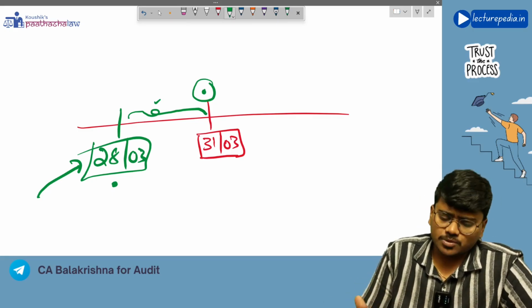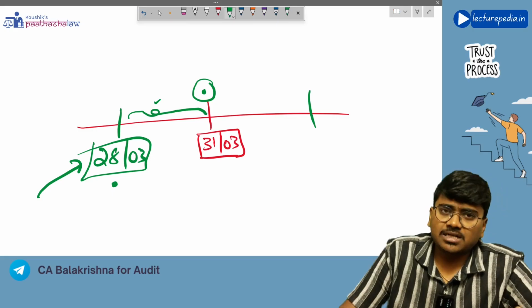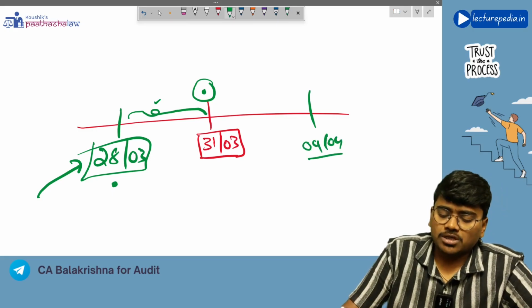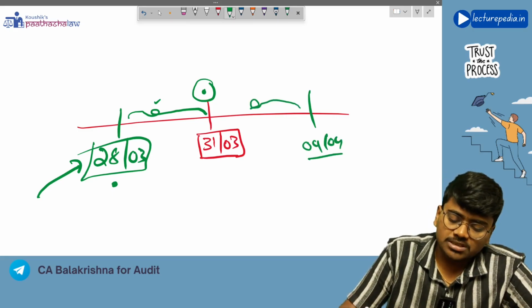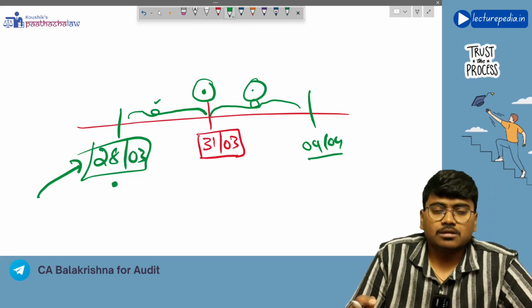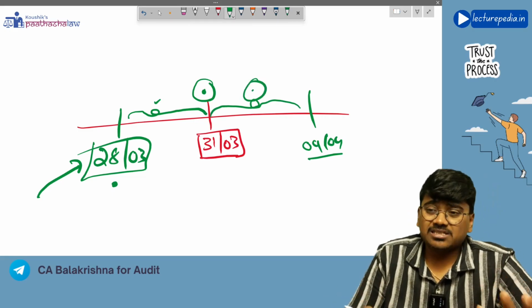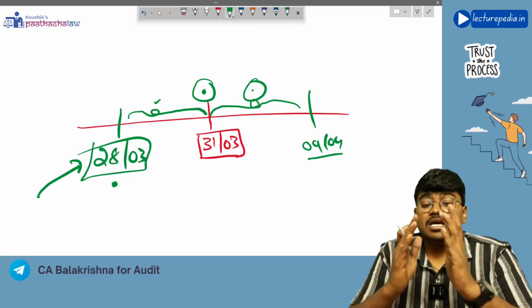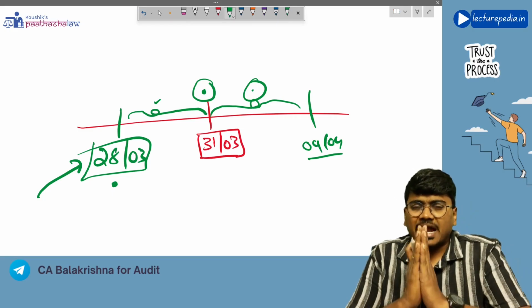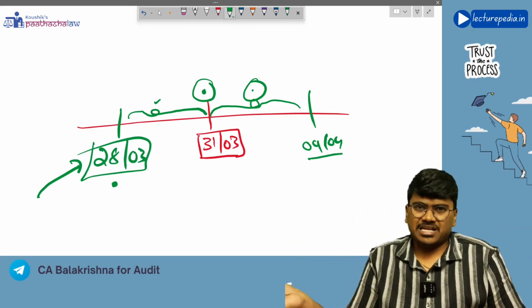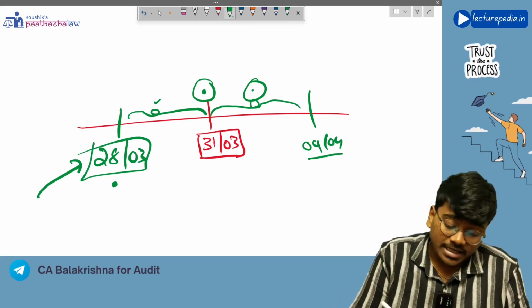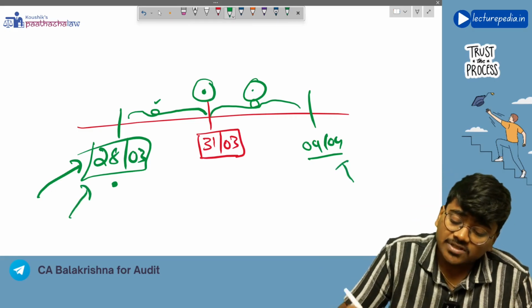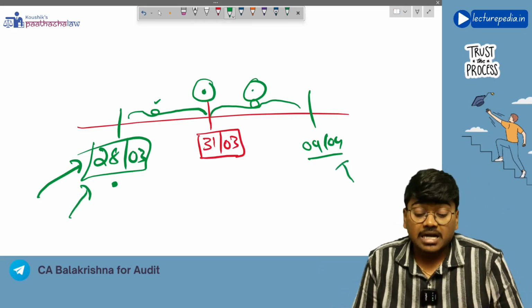The same will be the situation if the inventory verification is done, let's say, on 4th April also. Here also you will perform audit procedures on these transactions. Got it? This is the first situation: inventory verification is done at a date other than the financial statement date, but the auditor has attended that physical inventory verification. Got it? Next situation.